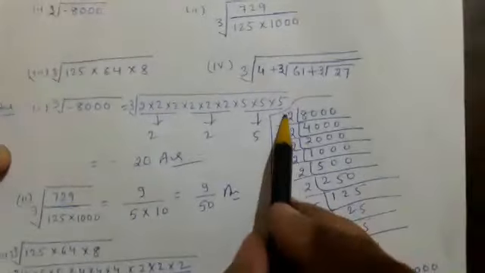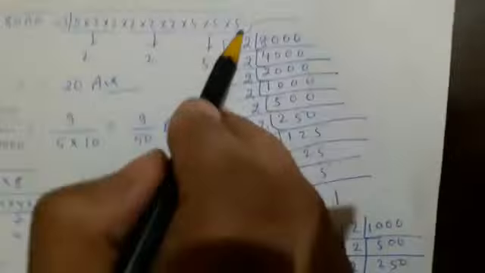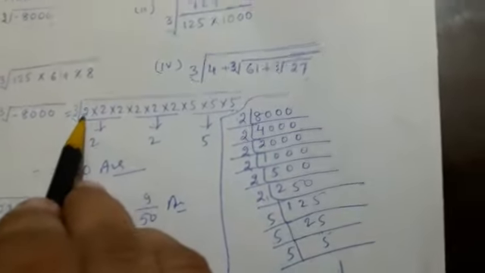Now we will write down all the factors as they are. How many 2's are there? 1 2 3 4 5 6, 6 2's are there and 3 5's are there. Now we'll make triplets of these prime factors.